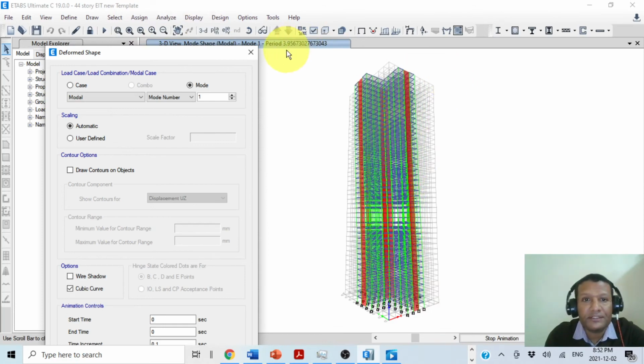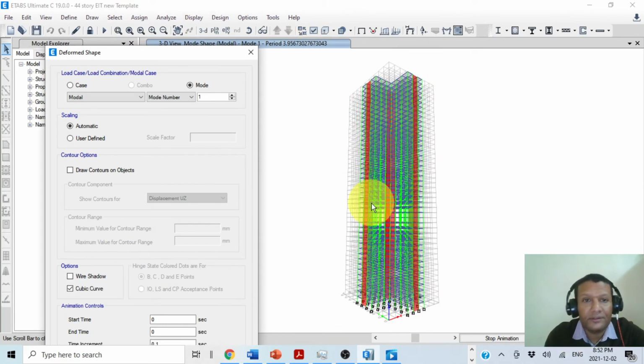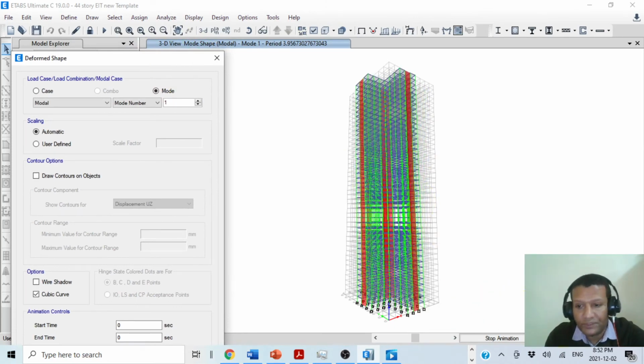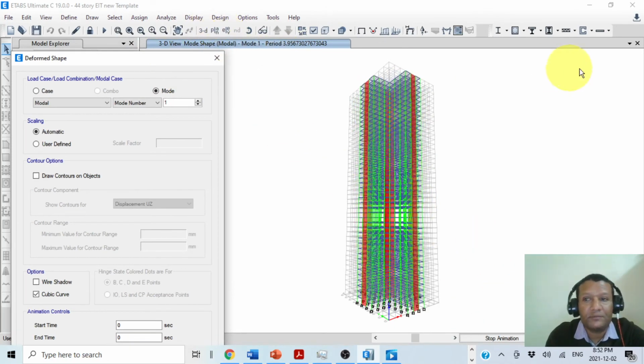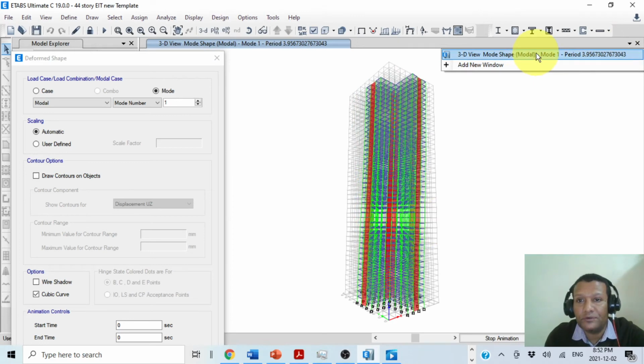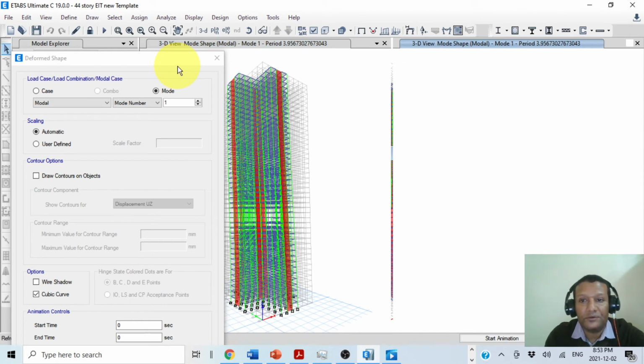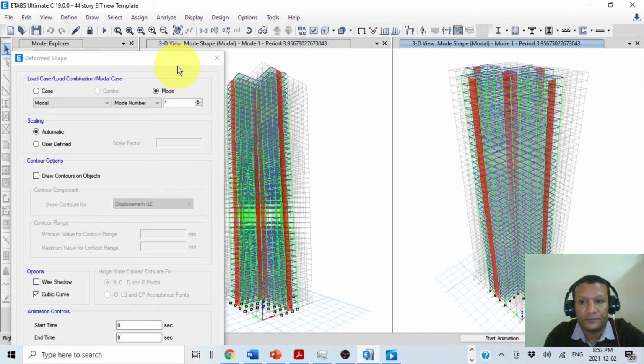Again, we can see the second mode. This one I can show you in a little bit. For example, let me add one window, and I will show you in a section also.